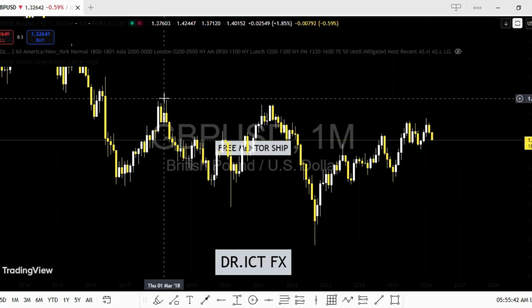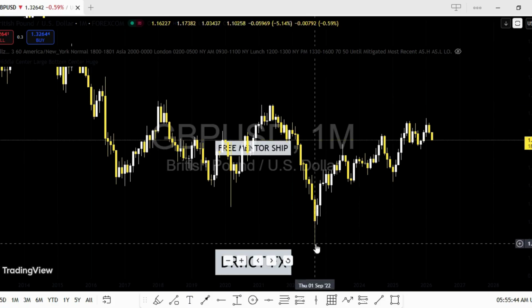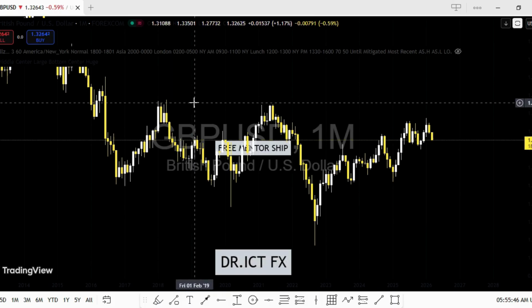This is the dealing range high, and this is the dealing range low on the monthly chart. Always start your analysis from the monthly chart. We have what we call top-down analysis. Top-down analysis normally starts from the monthly, weekly, daily, 4 hour. Those are the higher time frames for the analysis.